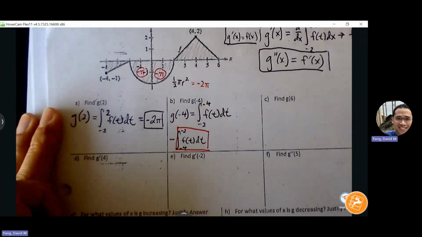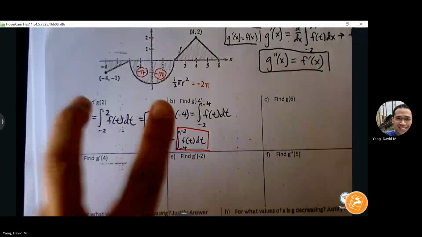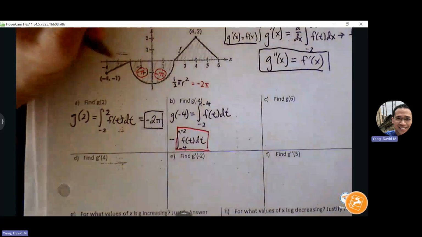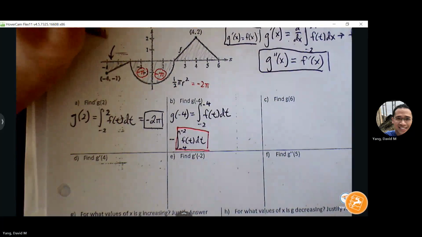Okay, so from -4 to -2, that's just this region here, right? Triangle, 1/2 base times height.